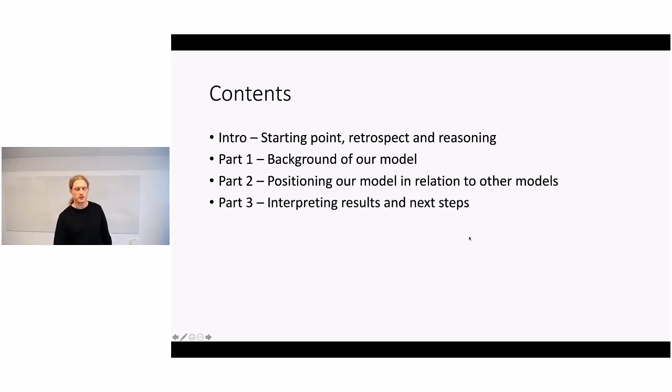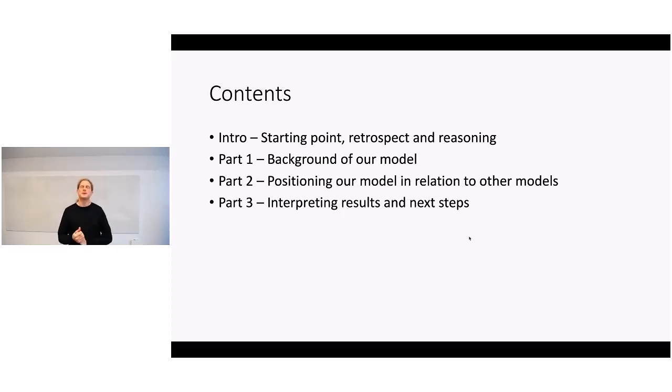So, contents: a short intro, the starting point, a retrospect into what earlier scientists have done, and earlier models and theories in this field, the reasoning, why do we do this research?